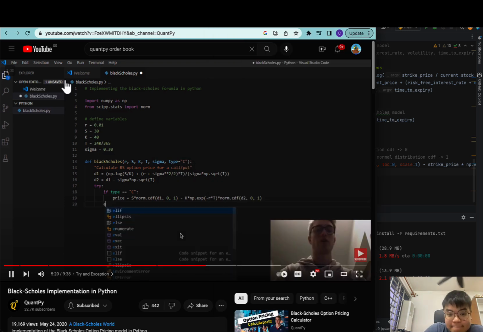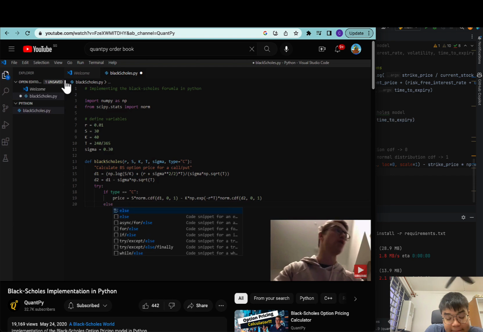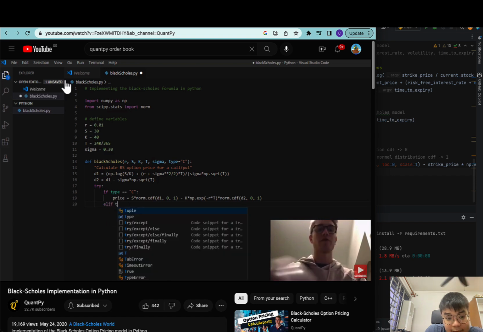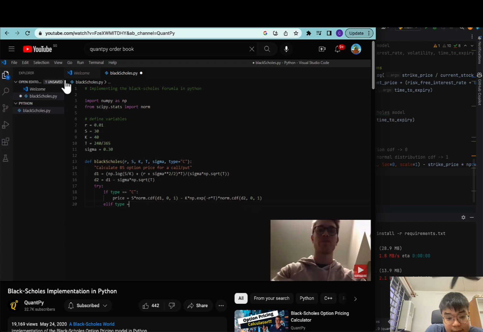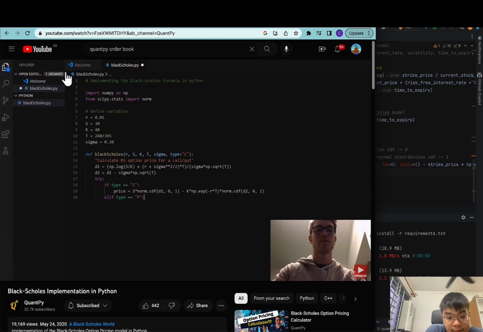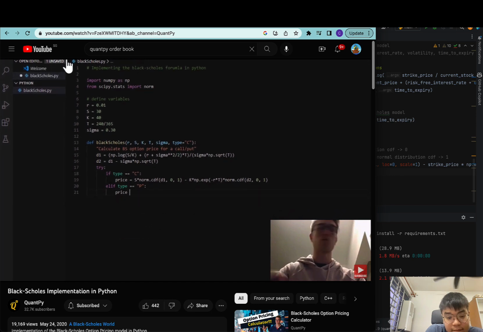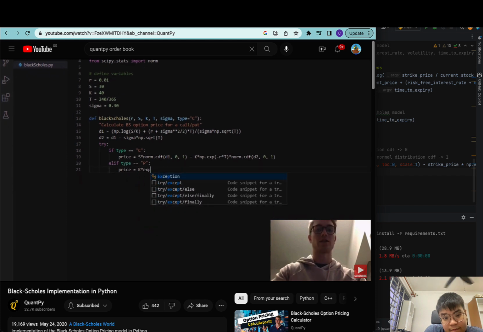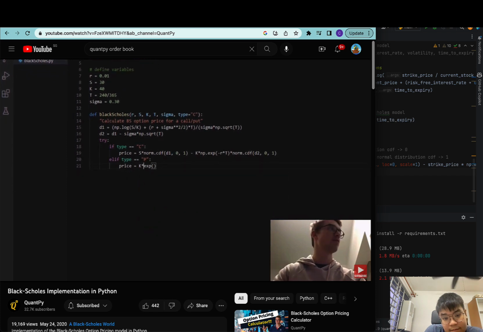Excellent. So now I would say else, but let's just say else if type is equal to P, then the price of the put is going to be equal to the discounted strike. Forgot the np there.